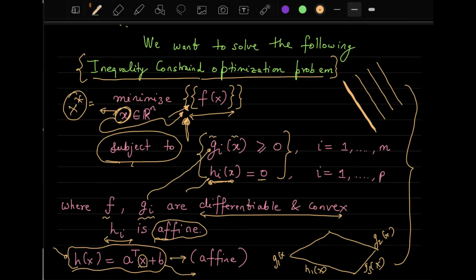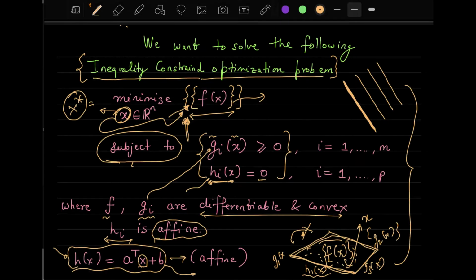So all these form the boundary for this objective function fx to reside. fx has to reside within this boundary, and you want to find the minimum value of x within this boundary. If you go outside, because fx can be outside also, that solution is not feasible. The only feasible solution is the one inside this boundary, which is formed by the gi's and hx.